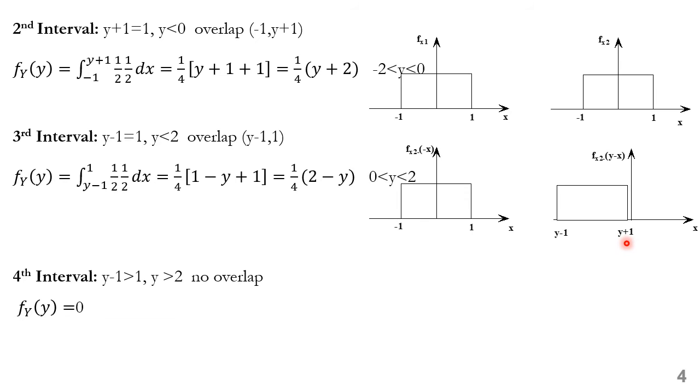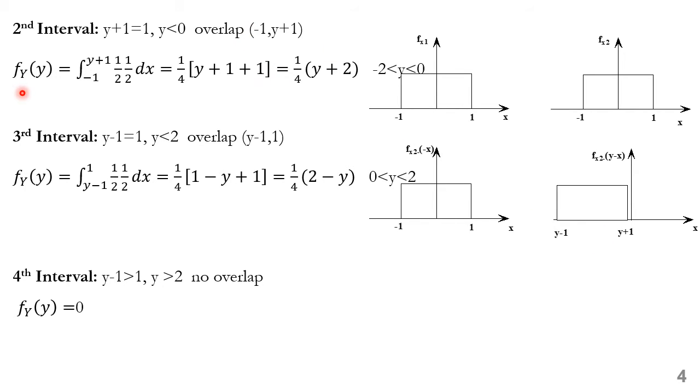At the end of the first interval, y plus 1 was at minus 1. Now we move further till y plus 1 reaches 1. That will give us the second interval, y plus 1 equal to 1, y less than 0. The overlap is going to be minus 1 to y plus 1.